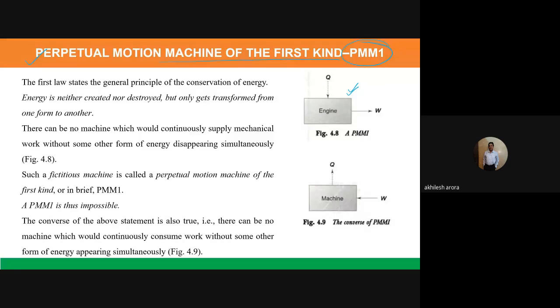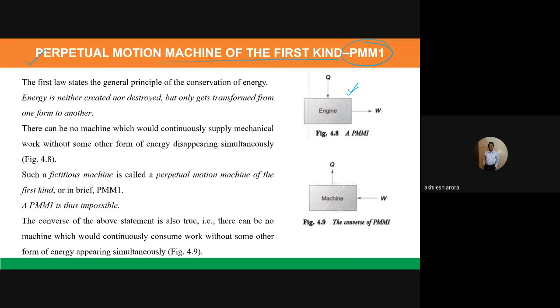When I say engine, the first thing that comes to your mind is if you are driving any vehicle, then it has an engine. So an engine is a device which is capable of producing work if we are giving a certain amount of energy to it.